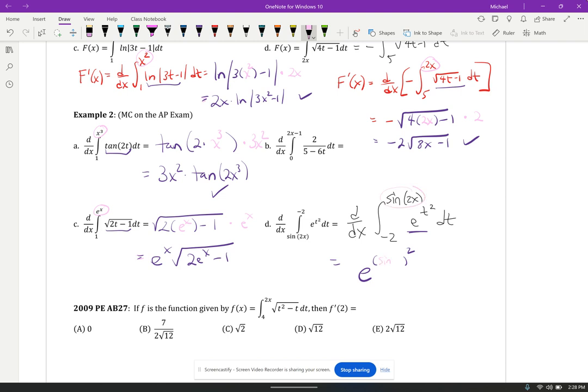Okay, so sine 2x times the derivative of this. Oh, but the derivative of this is a chain rule, where I take the derivative of the outside with the inside still in it times the derivative of the inside. So the final answer for this one would be something like 2e to the sine 2x squared, because there's a squared, right, times cosine 2x.